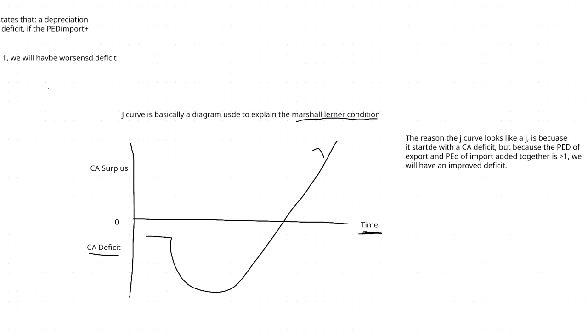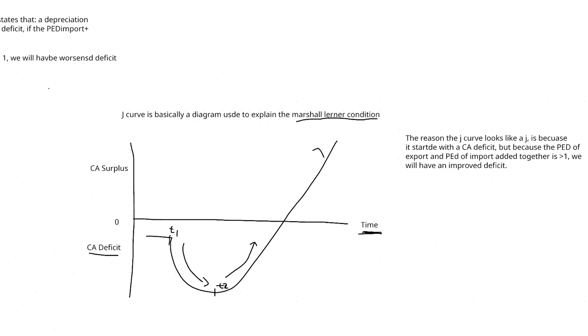Okay. So right now we have T1 and we have T2. Between T1 and T2, we have the deficit going even more down. So this means a worsened deficit from T1 to T2, but after T2, we have an improved deficit.